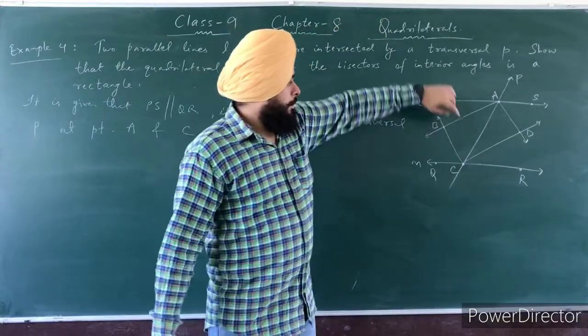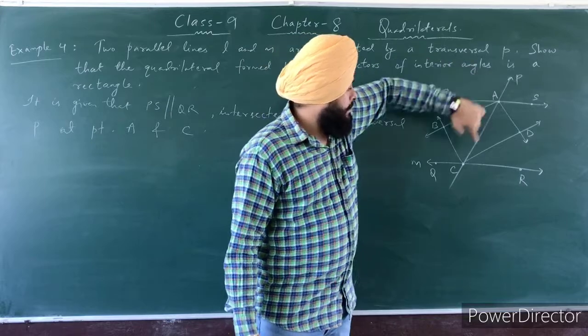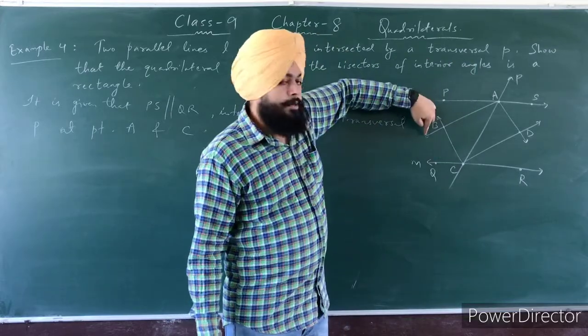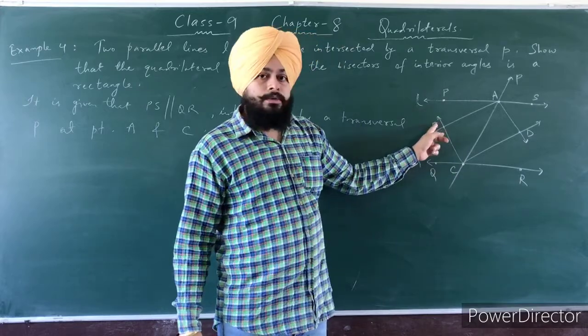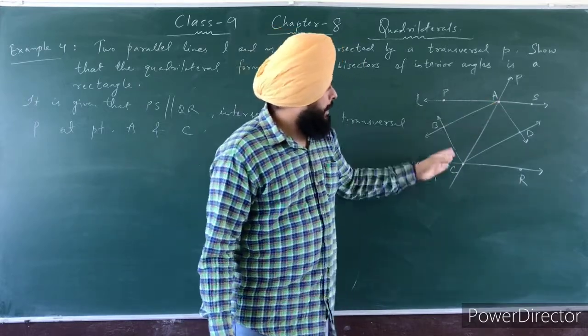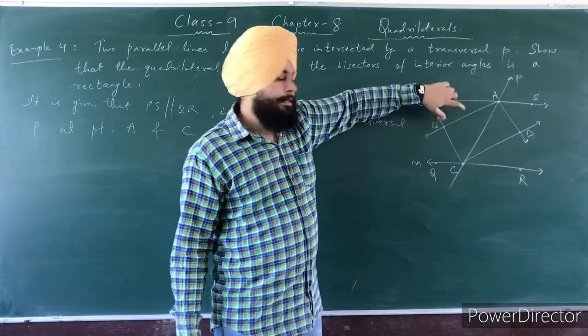So you can see here the bisector of angle PAC is this one and the bisector of angle ACQ is this one. So where both these bisectors meet, take that point B. Alright.